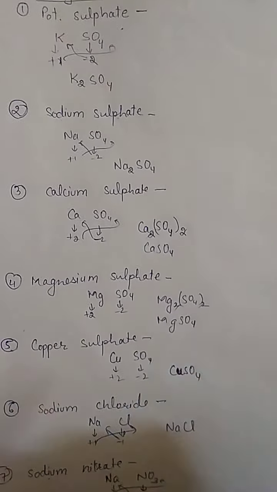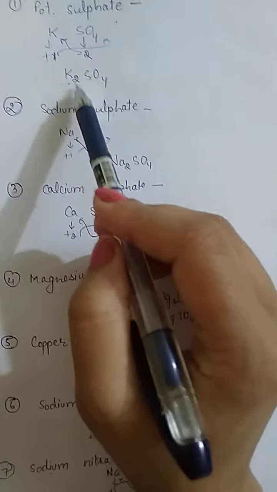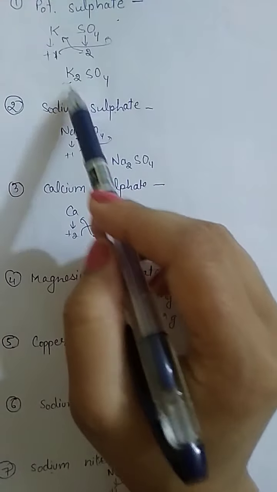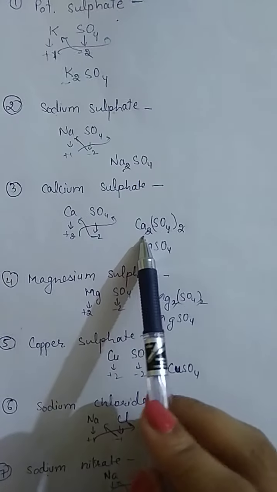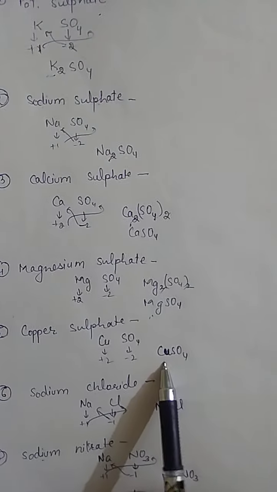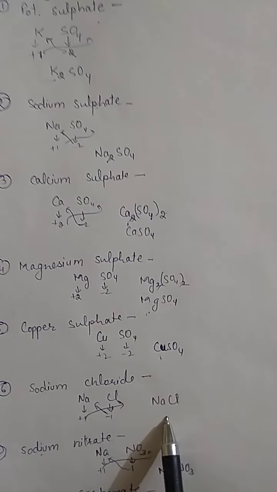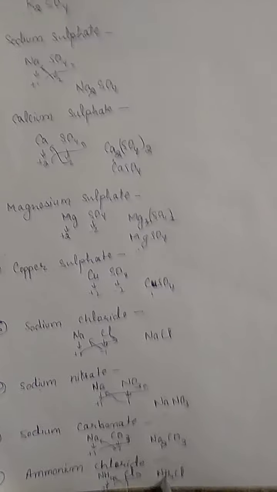Now see, this is potassium sulfate, so it is a salt of potassium. This is a salt of sodium. This is a salt of calcium. This is a salt of magnesium. This is of copper. This is again sodium, and ammonium.